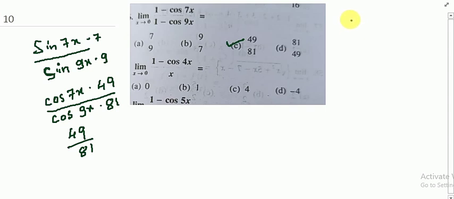Therefore the derivative of 1 minus cos 4x will be sin 4x into 4, divided by the derivative of x, which is 1. Now this is free from 0 by 0 form. Therefore, apply x tends to 0. sin 4 into 0 will be 0, so 0 into 4 divided by 1. Hence, the answer will be 0. Therefore, option A will be the answer.